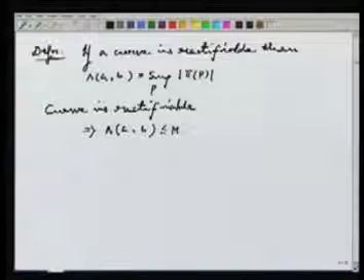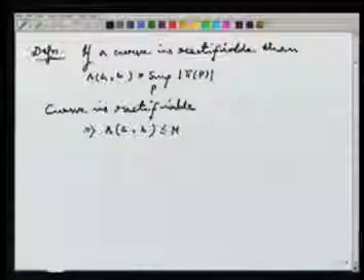Now, what we need is a criterion by which we can determine when the curve is rectifiable. So let's make it very clear that I am going to concentrate only on rectifiable curves because non-rectifiable curves do exist, and rectifiable curves just mean that it has got a well defined length. And how does one define the length?